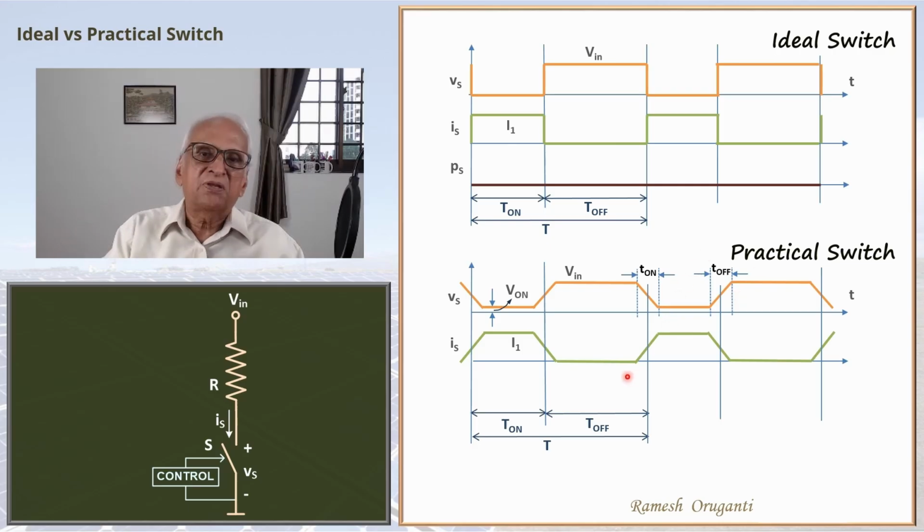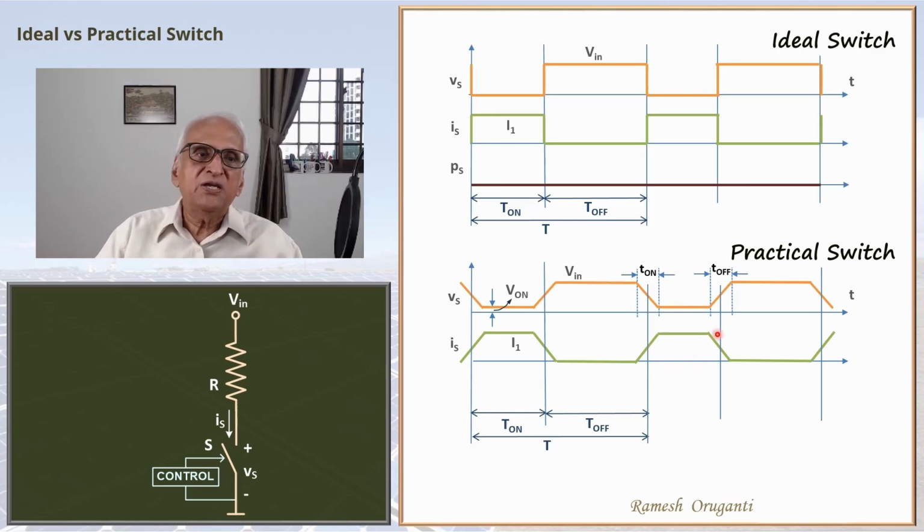Likewise, the current waveform goes from 0 to I1 when the switch is turned on over the period T on. So during the T on interval, that is the switching on interval, that is the transition interval, the current is not 0, the voltage is not 0, so the product will give a loss which is the switching loss, the component due to the turning on of the switch.